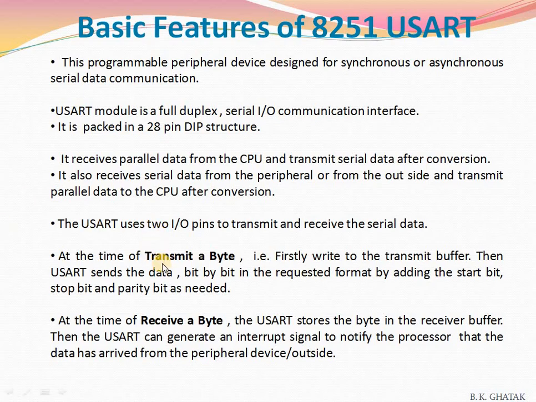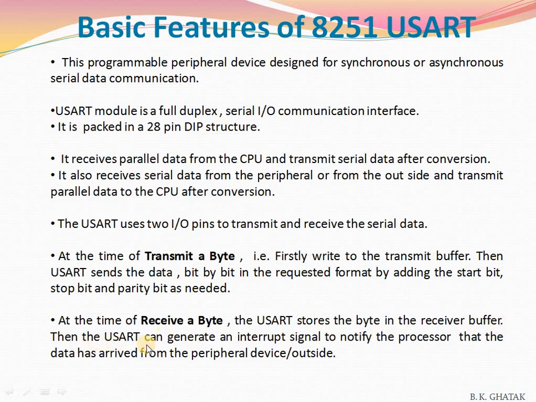Clear? So at the time of transmitting a byte, you first write to the transmit buffer, then the USART sends the data bit by bit in the requested format by adding the start bit and stop bit, and the parity bit as needed. Whenever the USART wants to receive a byte, it stores the byte in the receiver buffer.